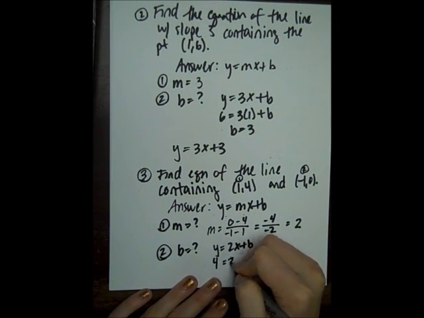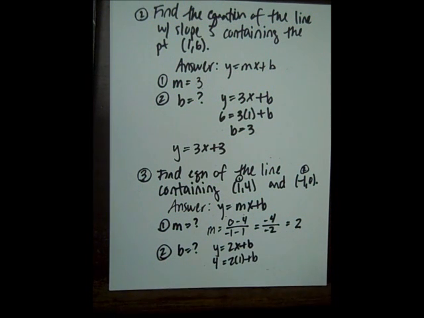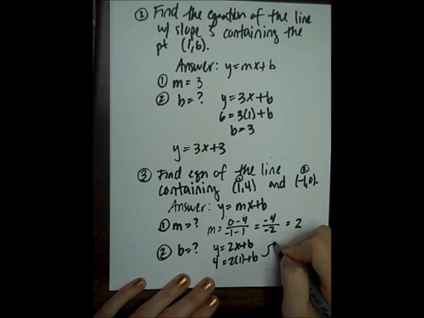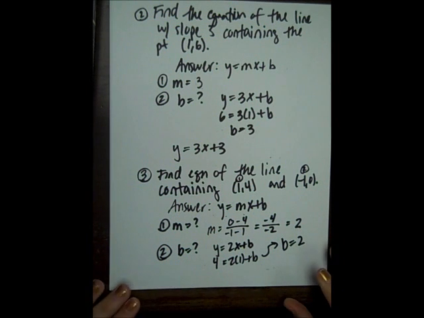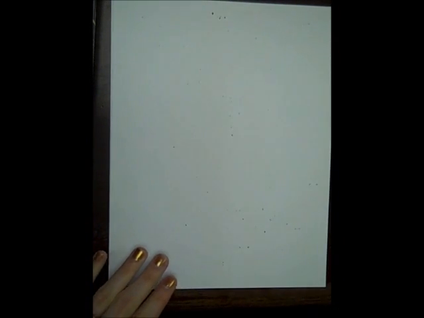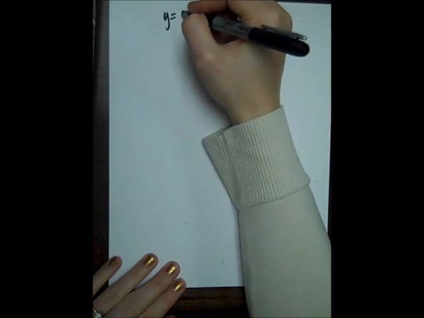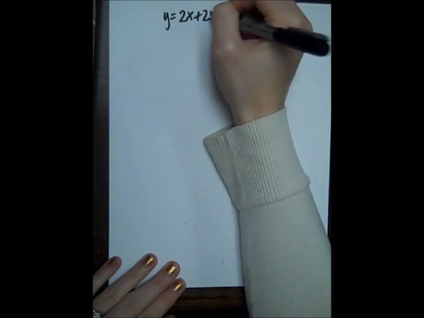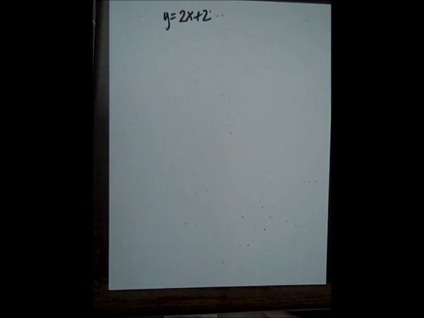So I get 4 = 2 times 1 + b, which tells me that b is 2. So now I have m, I have b. What's going to be my final answer? The equation of the line is y = 2x + 2. This is just a coincidence that my m and b were the same thing. So find your m, find your b, plug those back in.